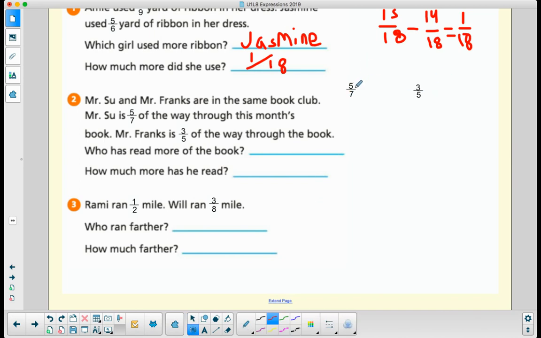Is 5 a multiple or a factor of 7? Nope, nothing times 5 is 7. Do they have a common factor other than 1? No, they don't. The only factors of 5 are 1 and 5. The only factors of 7 are 1 and 7. So I'm just going to use the other denominator, 5, as my multiplier here.